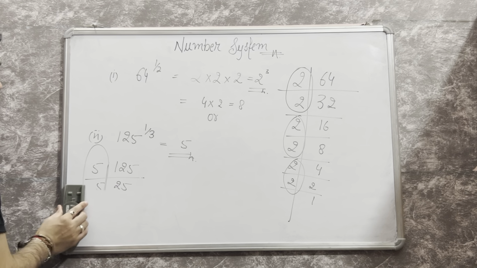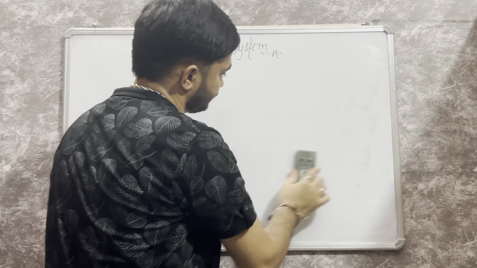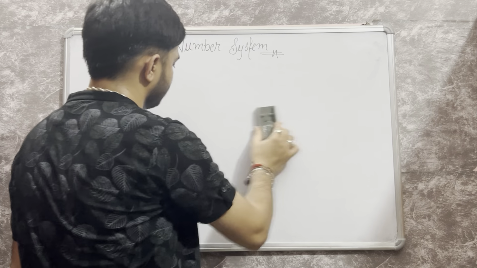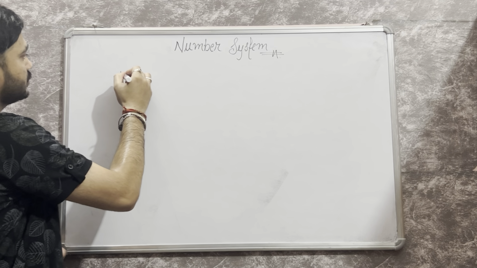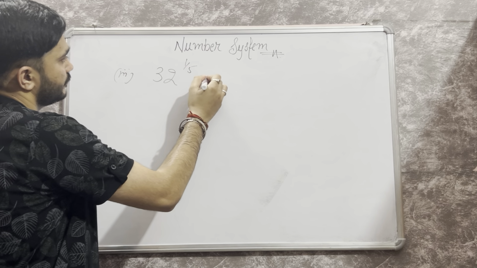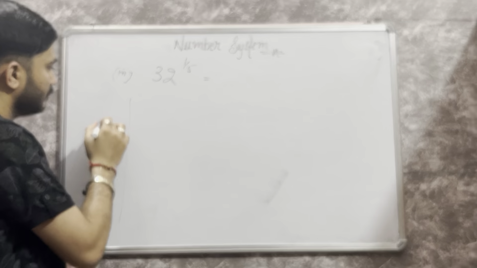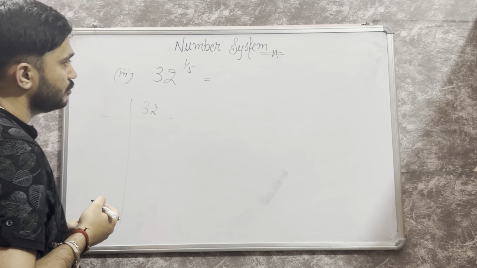Now let us solve two more examples of this. What if the question given to us is 32 raised to power 1 by 5? How are we going to solve this? Firstly, take the number that is present in the base, that is 32.